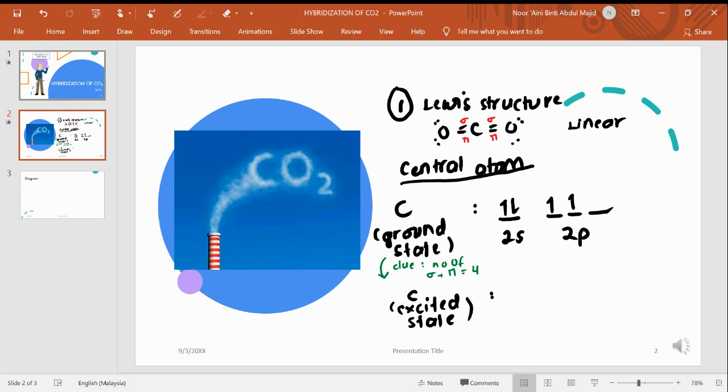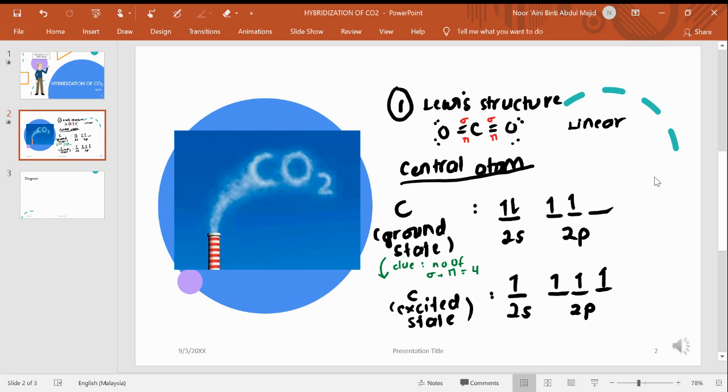Therefore, one electron is promoted, 2s to 2p. One electron here is promoted to the 2p orbital, and now we have 4 unpaired electrons instead of 2.